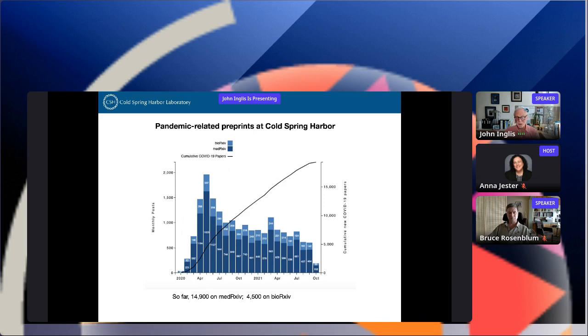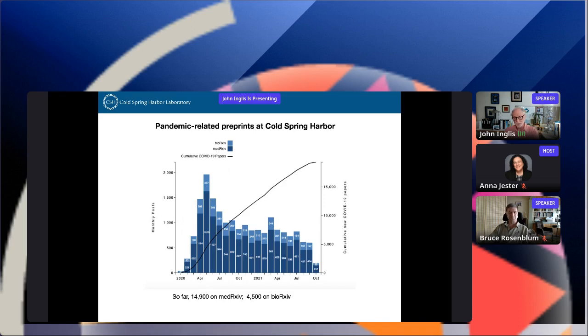There were no manuscripts related to the pandemic in medRxiv in January, and then suddenly in February, there were 221. And as you can see, between then and May and June, there was an explosion of contributions to medRxiv about all aspects of the pandemic.